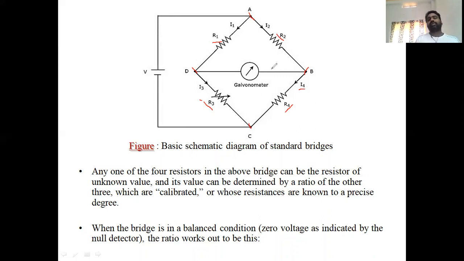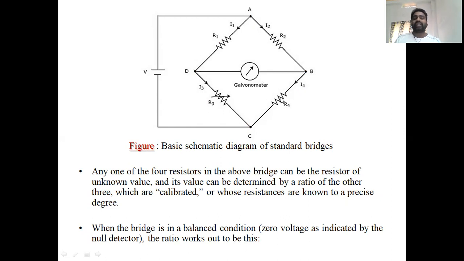The main purpose of constructing four arms is to find the unknown resistance. How can we find the unknown resistance? With the help of a ratio method, we will calculate the unknown resistance. So how can we calculate it with the ratio method?